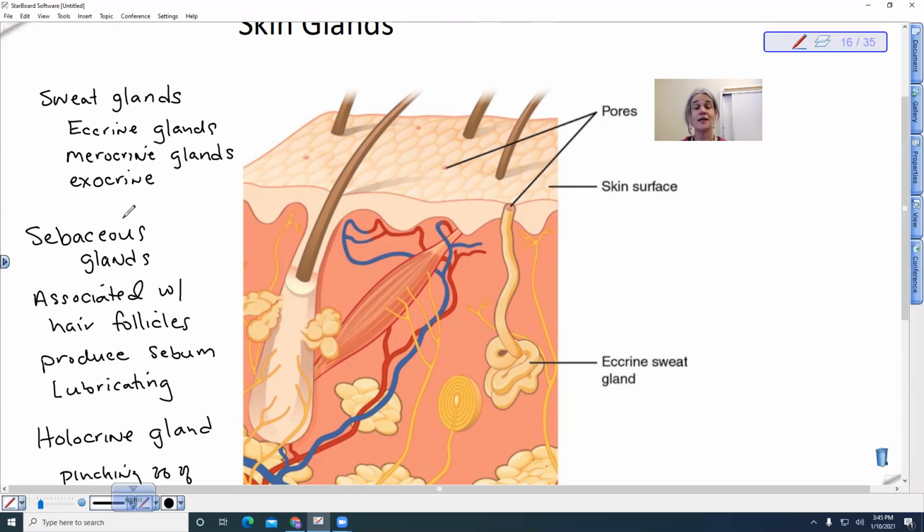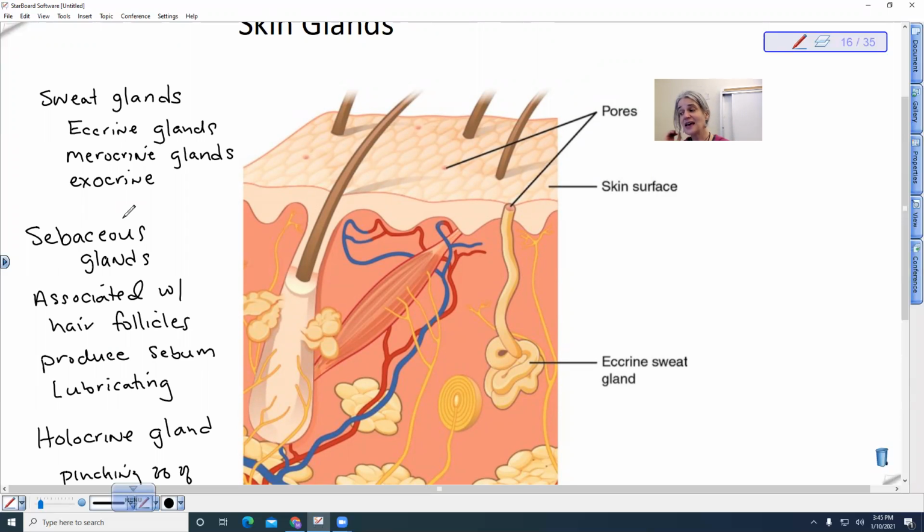So the production of sweat is actually controlled by the nervous system. So your sympathetic, your fight or flight nervous system is what causes you to sweat. And so when you get nervous, you sometimes get sweaty palms, right? When you get nervous, you might get sweaty underneath your armpits when you're stressed a little bit. And so sweating is a sign of stress, right?